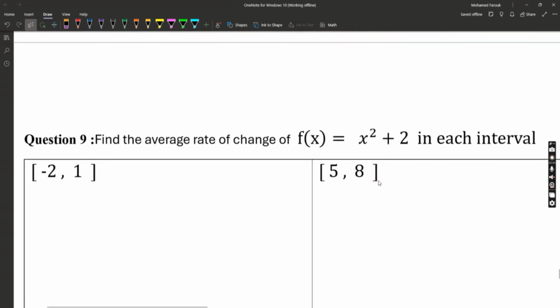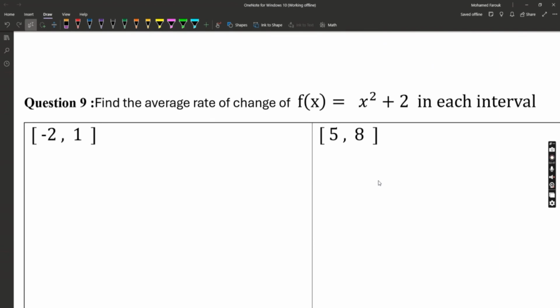Okay, let's continue. Find the average rate of change. If you are asked about the average rate of change, it means you need to get the slope: y2 minus y1 over x2 minus x1.